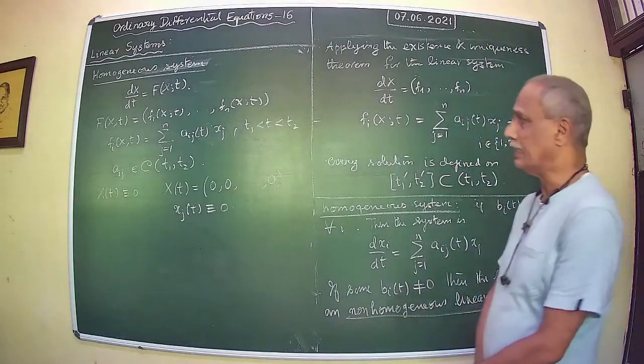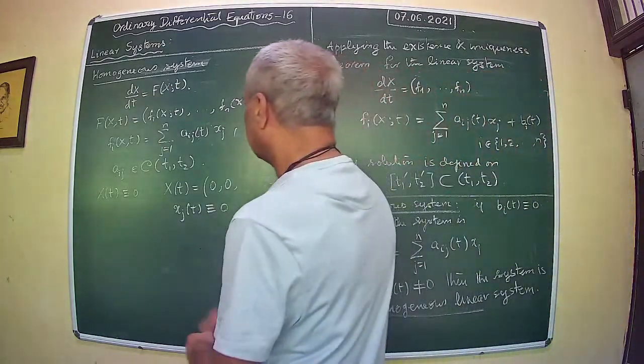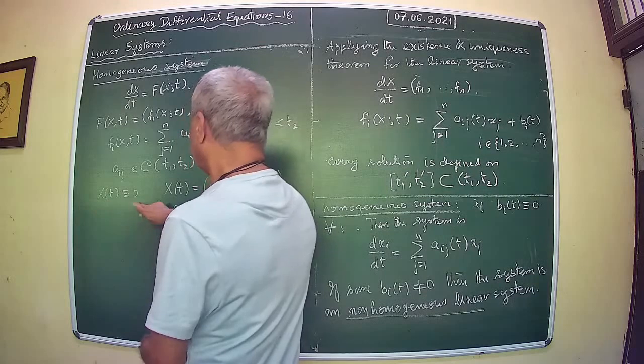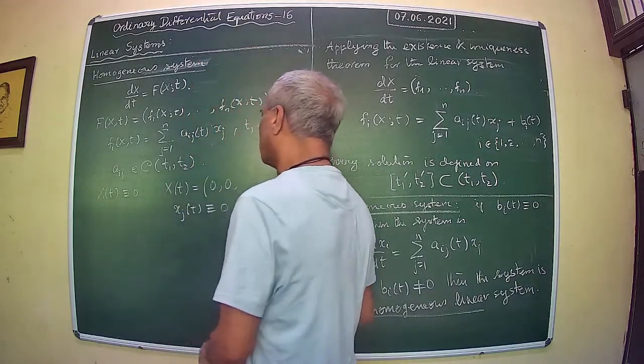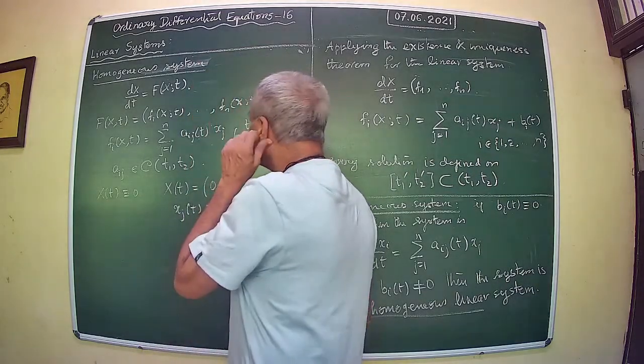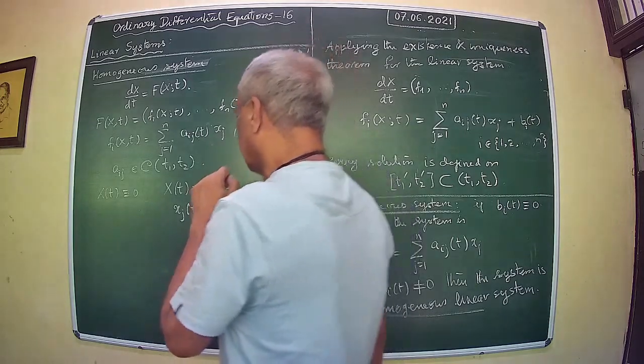Now you immediately see that x(t) identically equal to 0 is a solution of the homogeneous system.